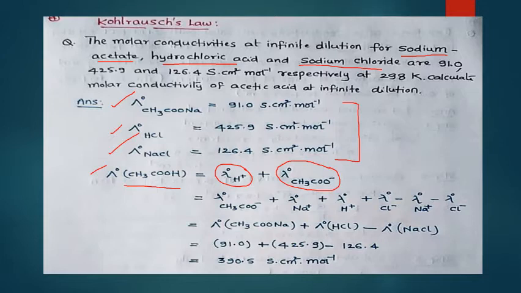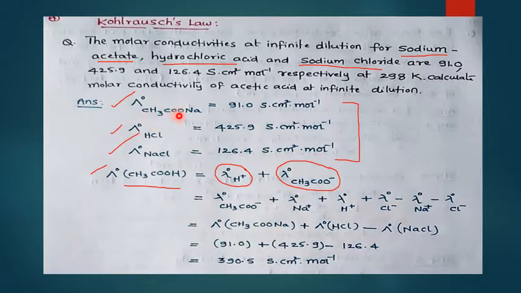Clear, students? First, how to solve? For example, break this one. We need H plus and CH3COO minus. First one, CH3COO minus, where is it present? One minute, students, I will show you. Here it is present, in CH3COONa.